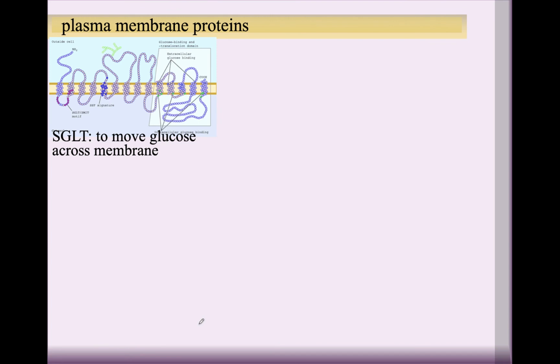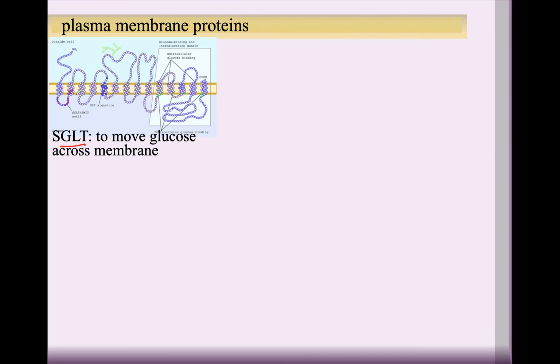Well, this is just going to take a quick look at what proteins really look like. All of those pictures I just showed you are just schematics. That's not what proteins look like, and you know that because we talked about it. Here is a transporter known as a sodium glucose linked transporter, and it's used to move glucose across into the cell. Look, here are the amino acids that make up this protein.